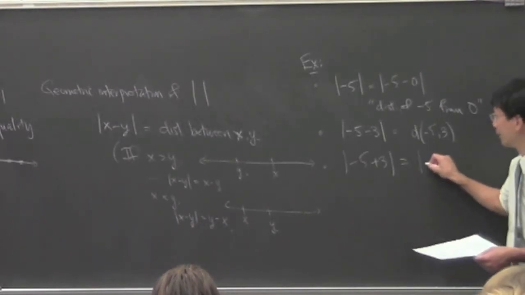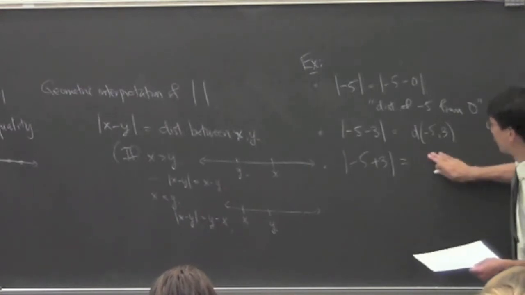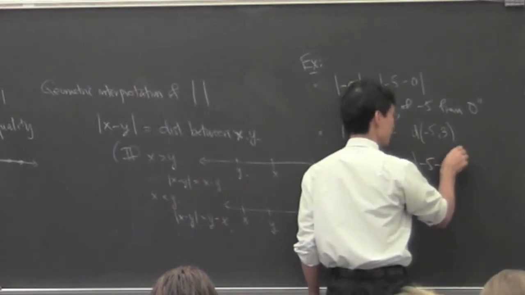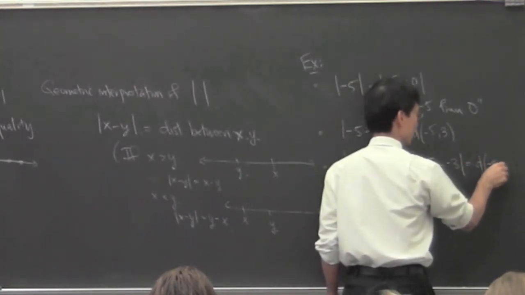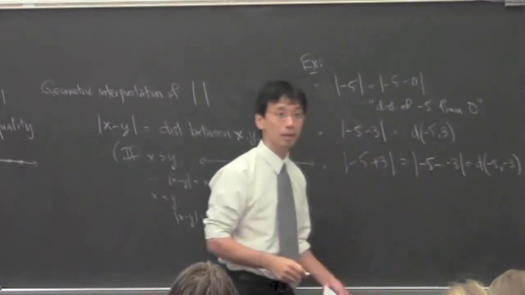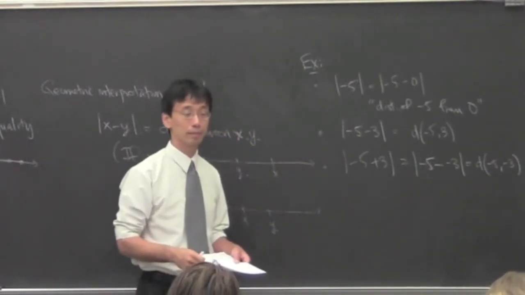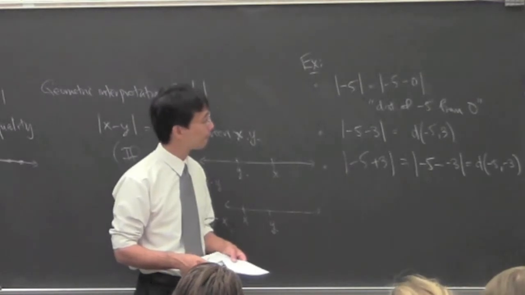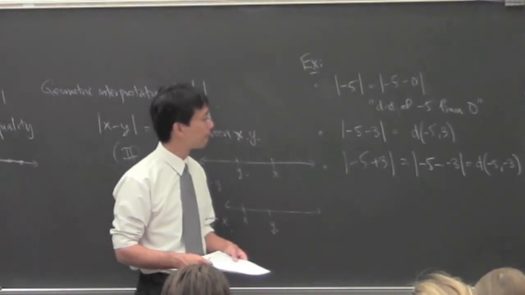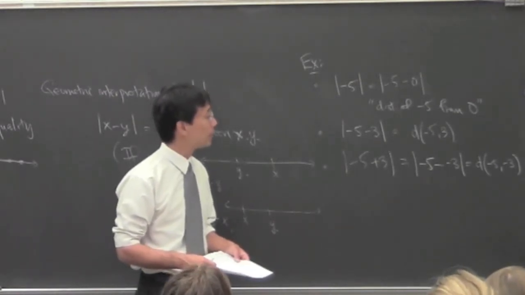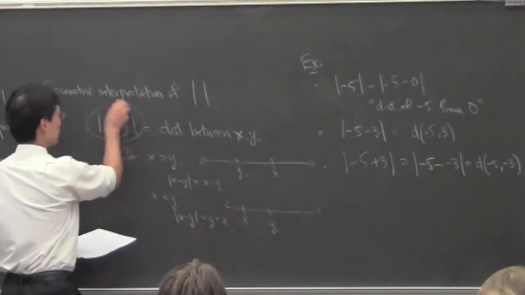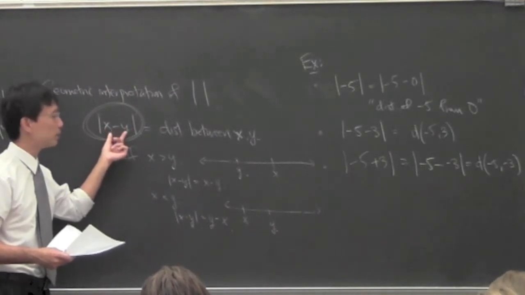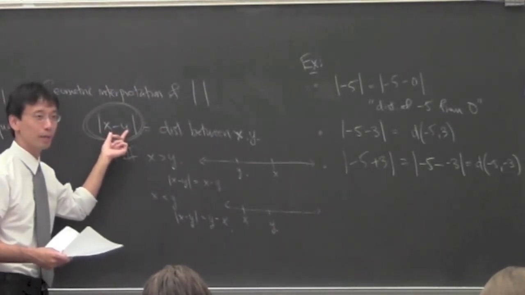Oops, of course, this is negative 5 minus 3 in other words. Yes? Alex? It's going to be a silly question, but why do you always flip the sign? When I looked at it, I thought that would be the distance between -5 and 3, not -5 and -3. So remember, the absolute value of x minus y is the distance between x and y.